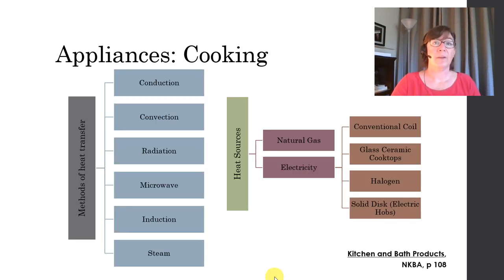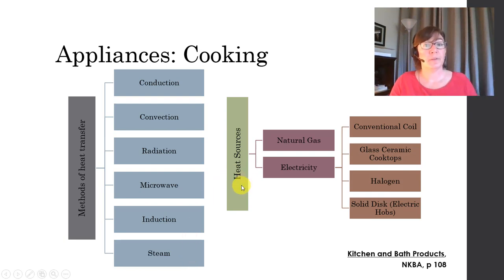There is a wide range of methods of cooking and different types of heat sources. And I'm not going to go into a lot of detail in each of these. All right. But all of the types of ovens that we've talked about can be conduction or convection, radiation. They can be microwave, induction, steam. There's just so many options out there.